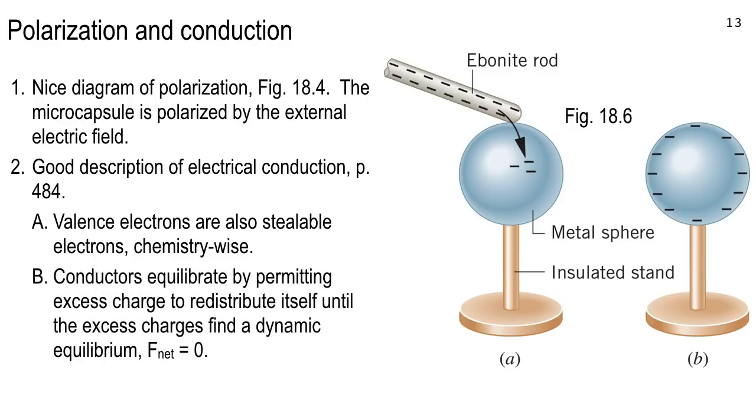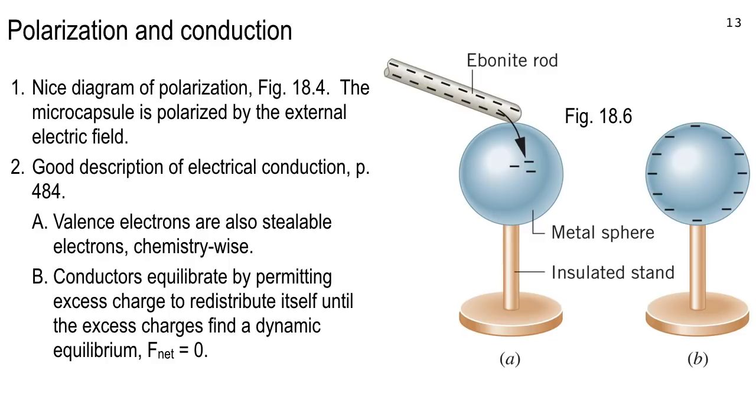Another comment, and this diagram is nice for that as well. This is figure 18.6. Ebonite, that's kind of a plastic, and if you rub it with cat fur or something, it'll charge up with negatives. And then if you touch it to a metal sphere, some of the negatives will go into the metal sphere, if the metal sphere is initially uncharged.